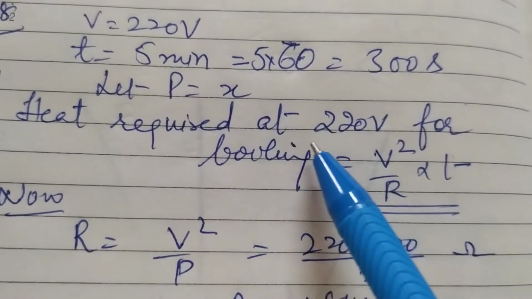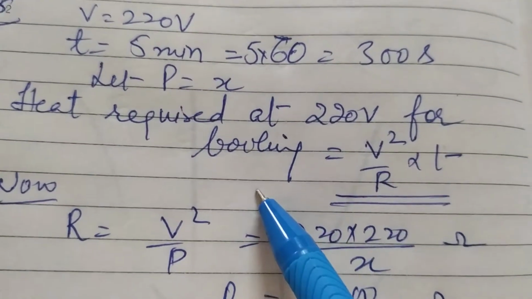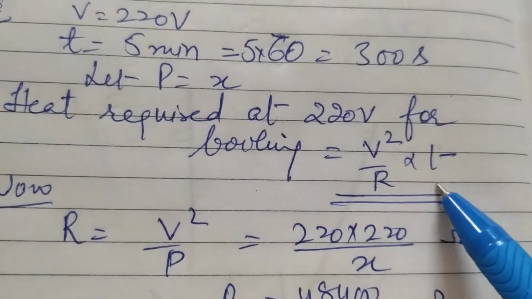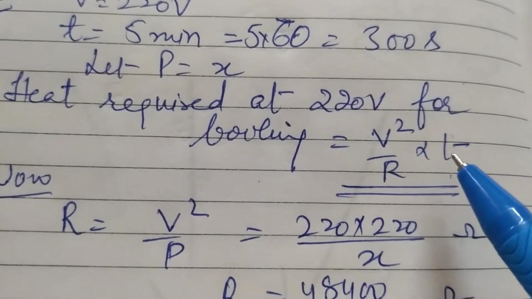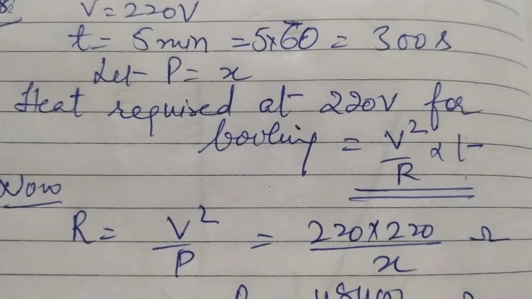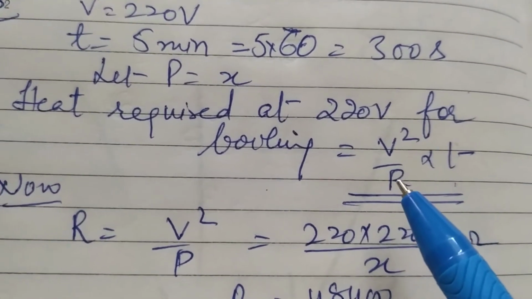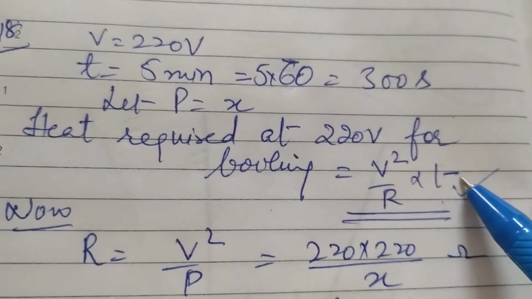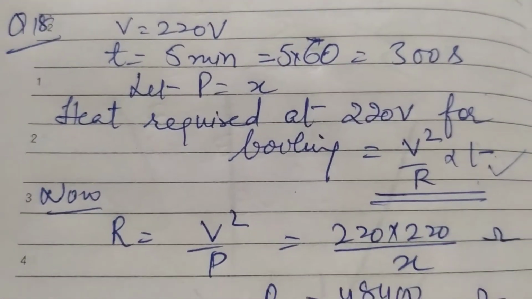Heat required at 220 volt for boiling, for this we will use a formula of energy, V squared by R into T. We can also use I squared RT, but for that I have to calculate I in terms of P. So it's simpler that I use V squared by R into T. You may use other methods also.